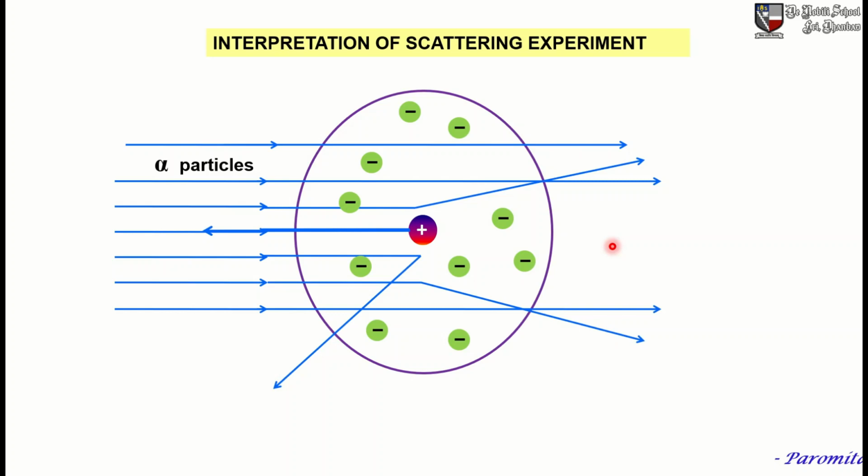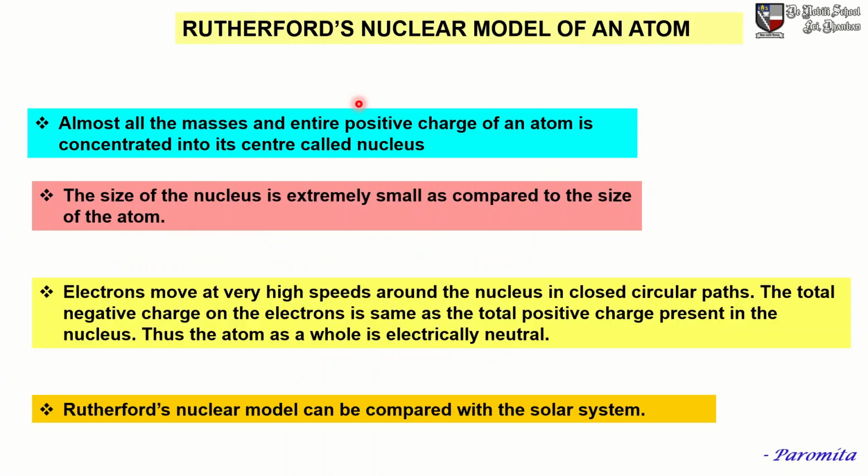The alpha particles which came into the positively charged field around the nucleus or those which grazed it suffered minor deflections, while the particles which came into head-on collision with the nucleus suffered major deflection and even had to retrace their path back.